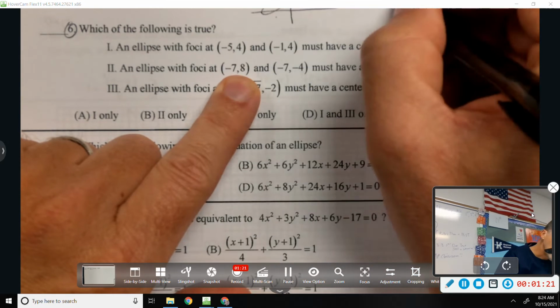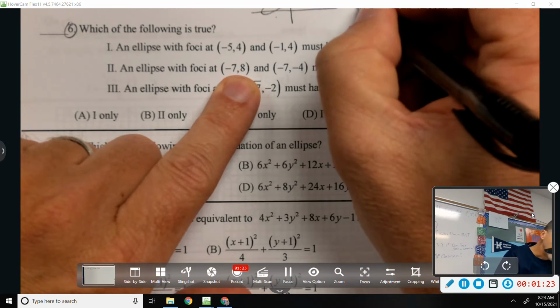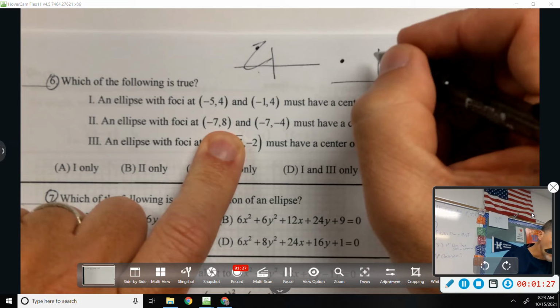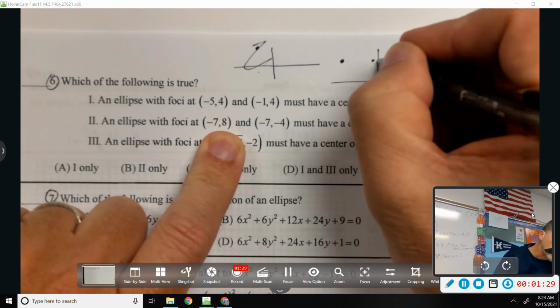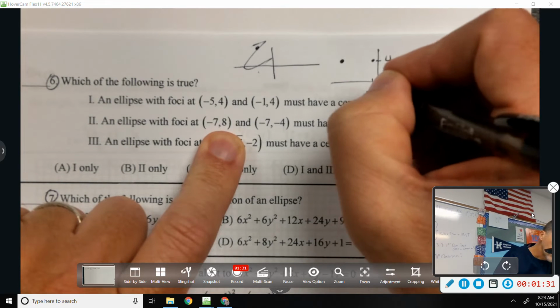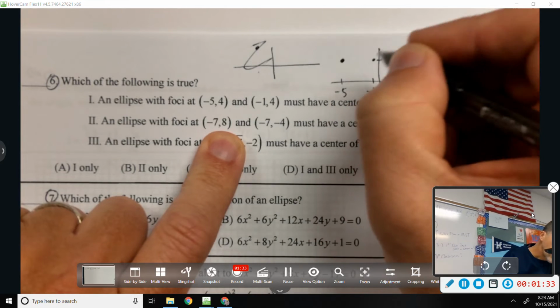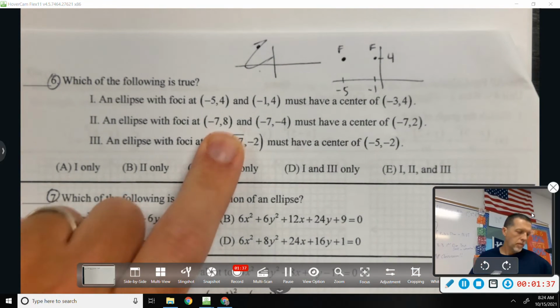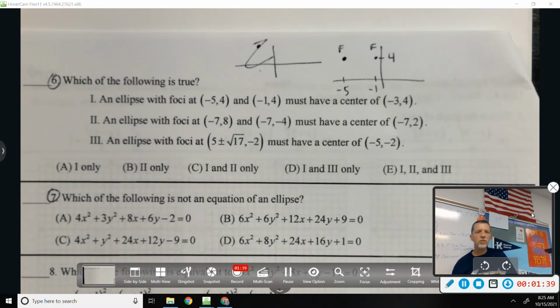Wait, let's draw a better picture than that. So there's -5, 4. There's -1, 4. This is number 6. Which of the following is true? An ellipse with foci at -5, 4, -1, 4 must have a center at -3, 4. Well, the center is always the center of the ellipse.